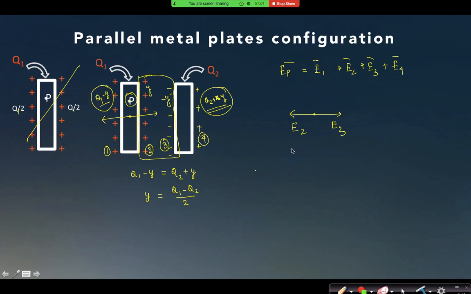Magnitude is sigma by 2 epsilon naught, and sigma is Q by A. As all the plate surfaces are equal, A is same, and as the charges are also same, sigma by 2 epsilon naught for E2 and E3 are same. So they will cancel each other. Now what about the field due to that Q1 minus y? That due to Q1 minus y, which is E1, will be in that direction.